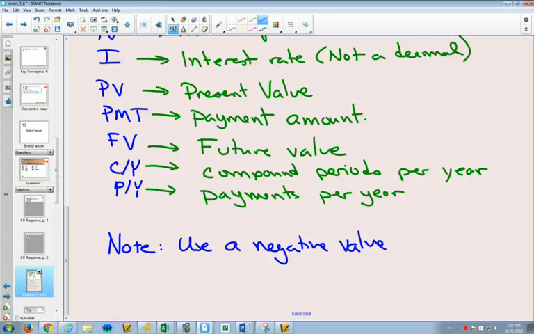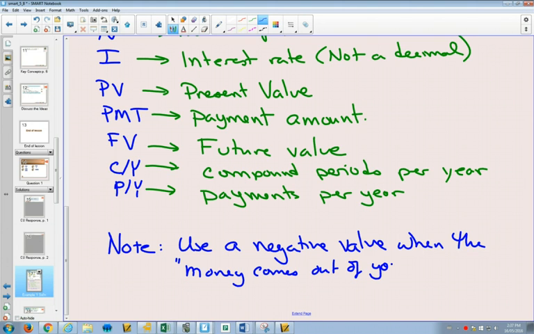So if you're paying the bank, if you're paying somebody else, you're going to use a negative value. That's when the money comes out of your pocket. And you use a positive value when the money comes into your pocket.